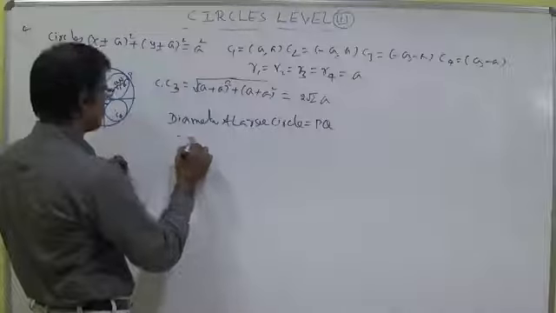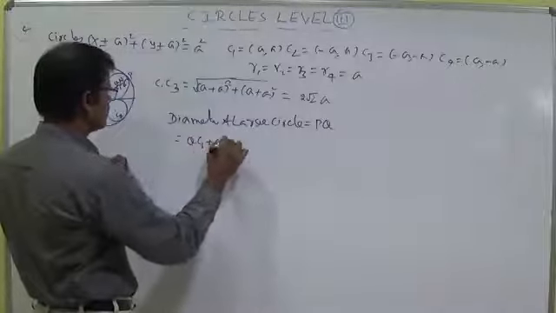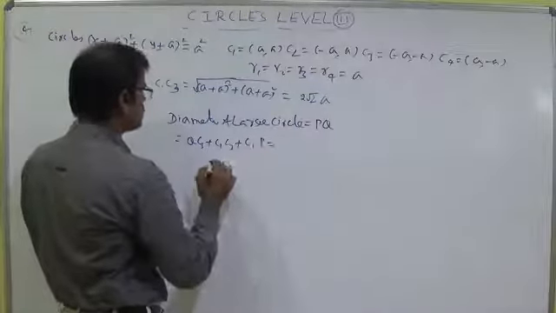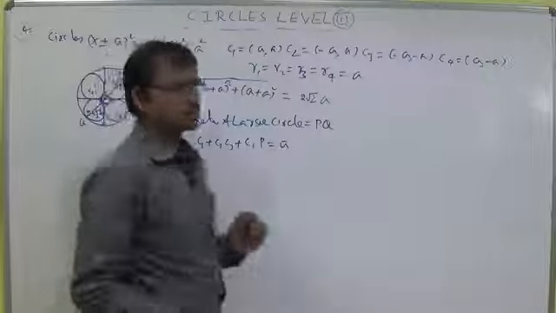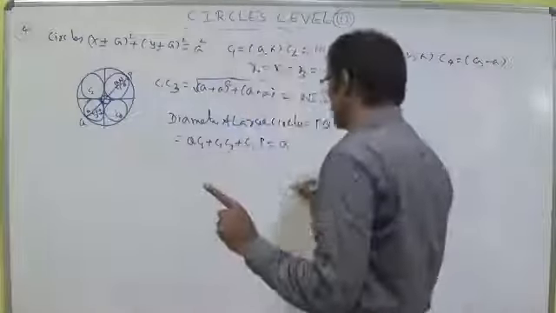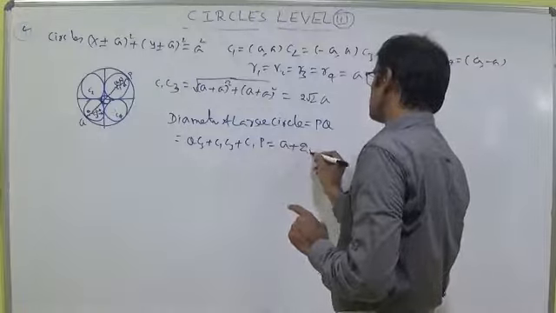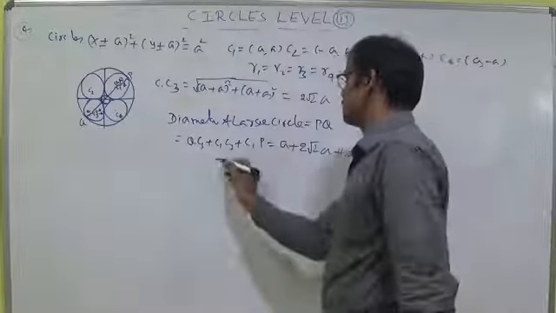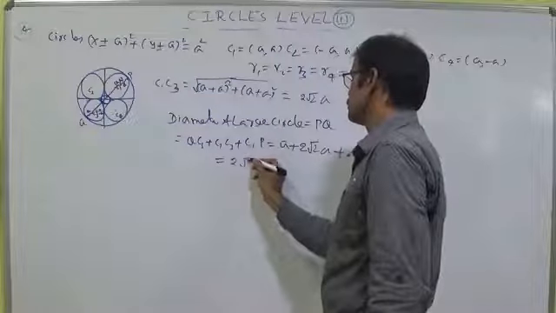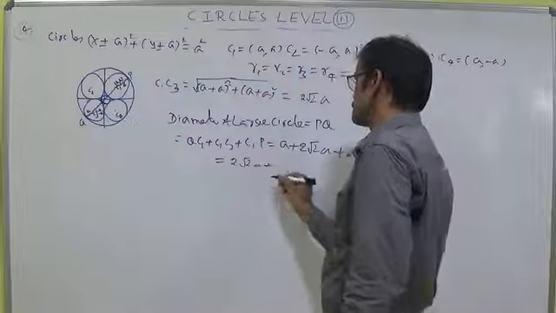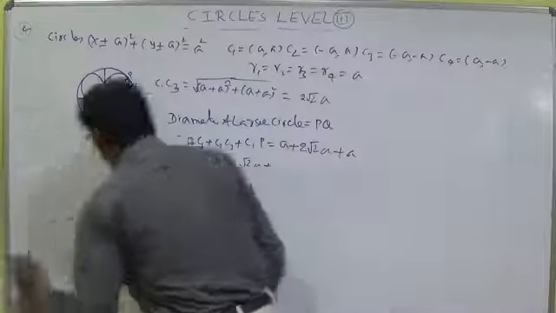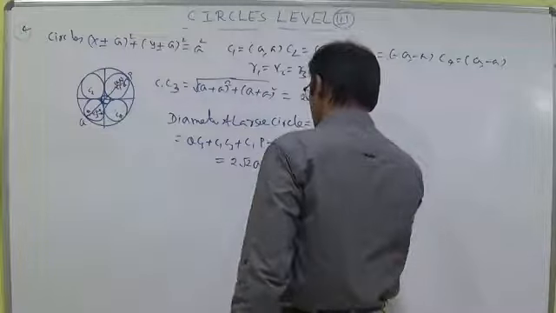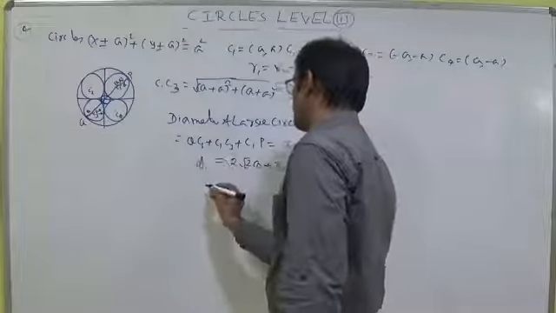That is equal to QC3 plus C1C3 plus C1P, which is the diameter. QC3 is nothing but A, since for all circles the radius is A. Here you can write 2 root 2 A plus A plus A, that is 2 root 2 A plus 2A, which is the diameter D.